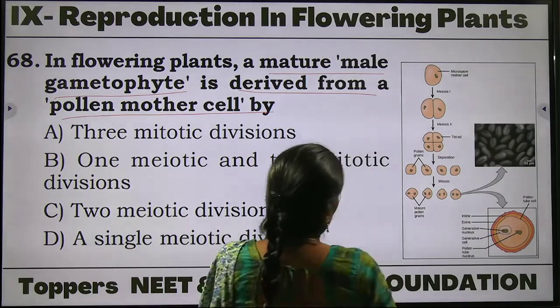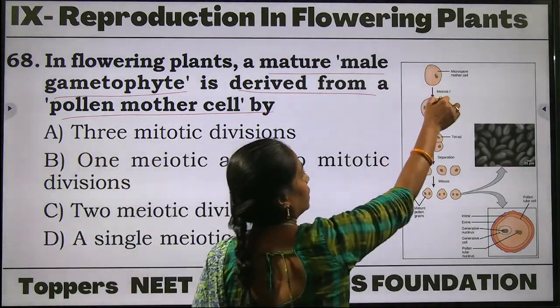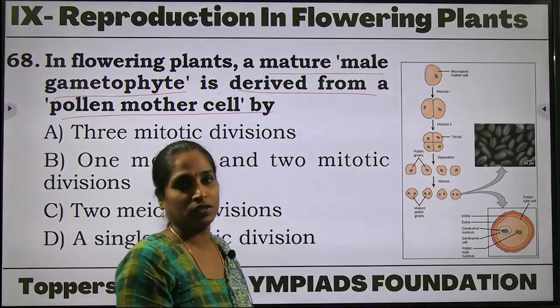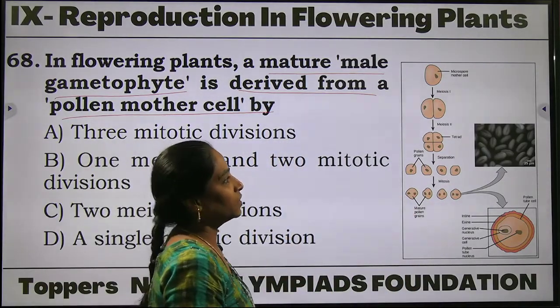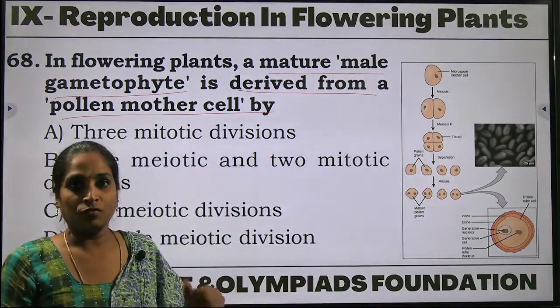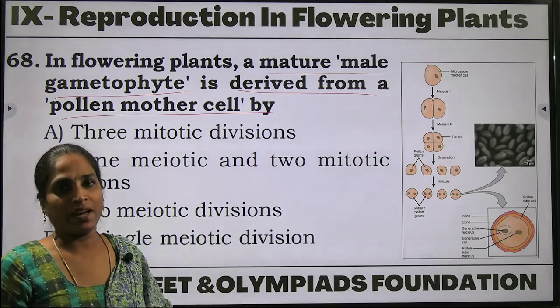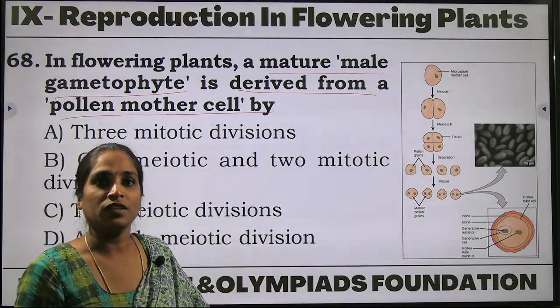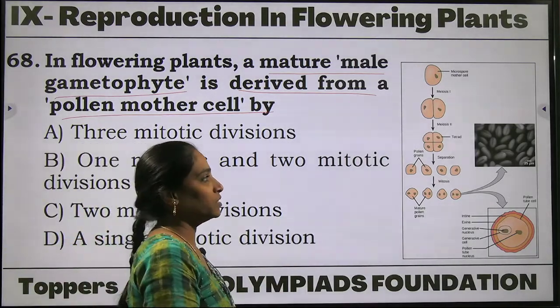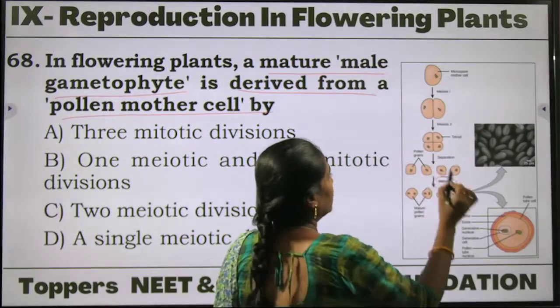If you observe this, we can see how many meiosis and how many mitosis occur here. In the previous question we discussed that the first meiosis division occurs for the formation of the immature male or female gamete, and next for the division of sperm cells in the male we can observe the mitotic cell division.